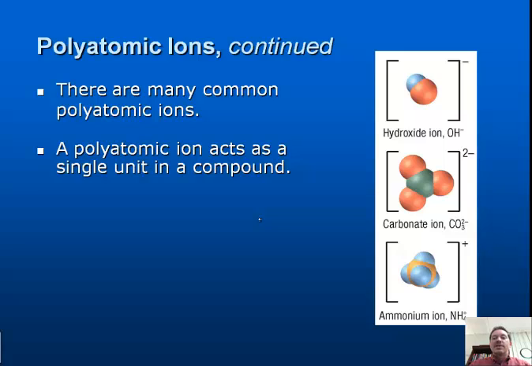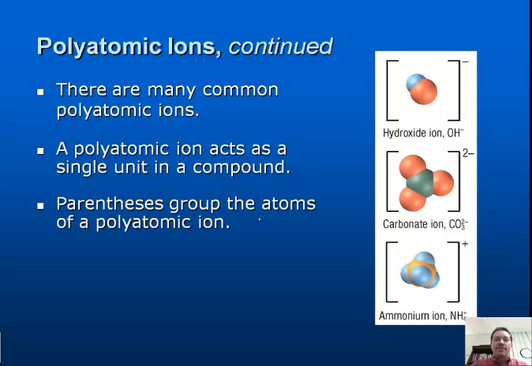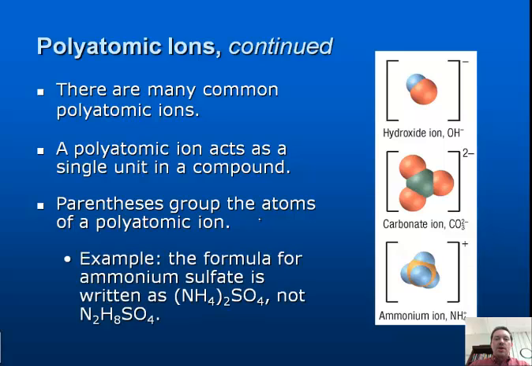And what happens is hydroxide, carbonate, ammonium, there's several others, sulfate, nitrates, and so on. These will act as a single unit within a compound. So it'll act as a part all by itself. So we put these parentheses here to group the atoms. So, for example, the formula for ammonium sulfate is written as (NH4)2SO4, not N2H8SO4.